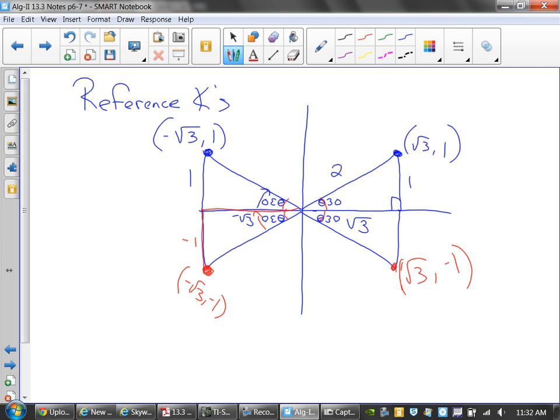The reason that this works is because of this reference angle here. Each one of those ordered pairs has the same reference angle, which means that this rectangle is formed, which allows us to mirror our ordered pairs by just reflection. Reflection and flipping things around the axis, which you might have done in geometry at some point.